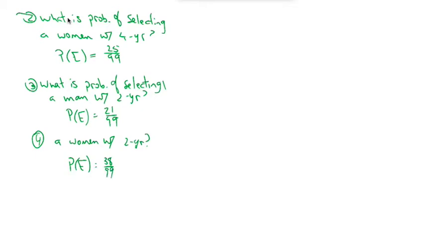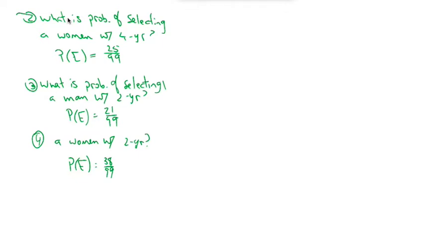Now this is one of the only cases where I'm going to do the following thing. Yes? Why couldn't we use 59? 59 is just the sum of the 2-year degrees. I'm not asking what's the probability of selecting a man who already has a 2-year degree.